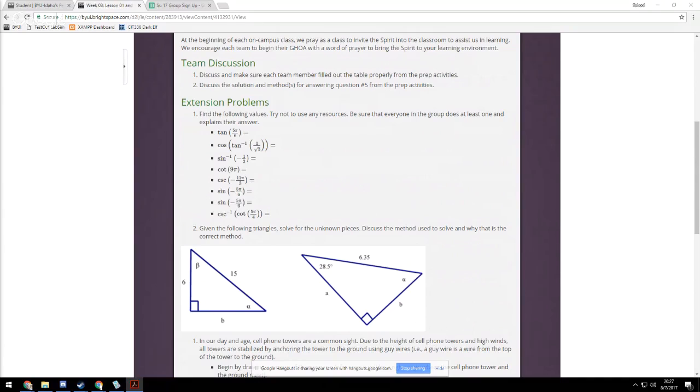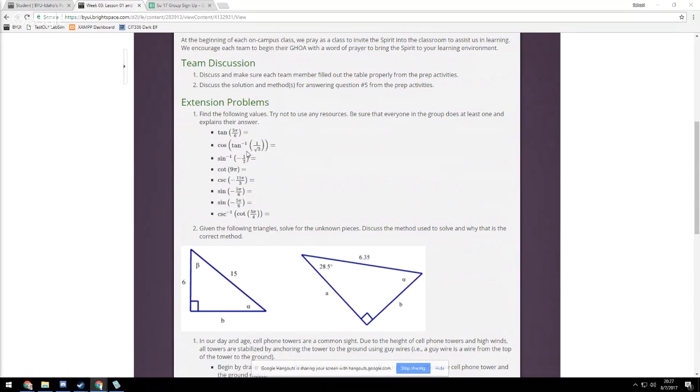As far as the extension problems, tangent of 5 pi sixths, I struggle with these. I always end up going to my unit circle. So I get tangent of 5 pi sixths is negative 1 over square root of 3.